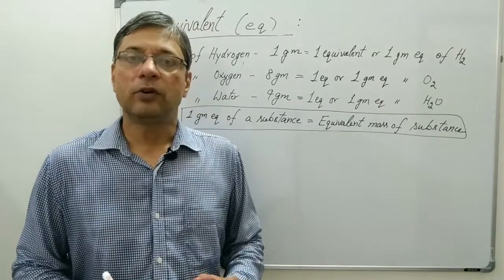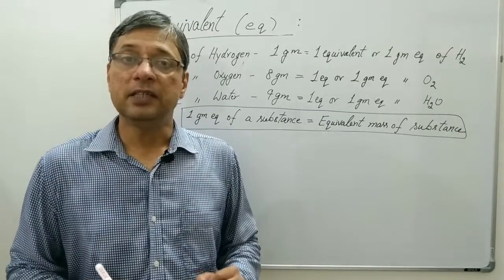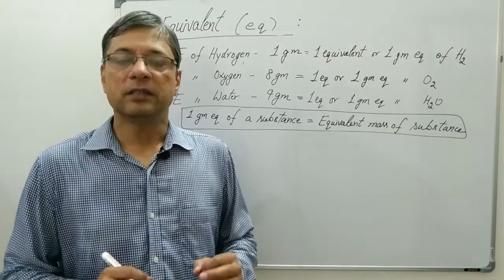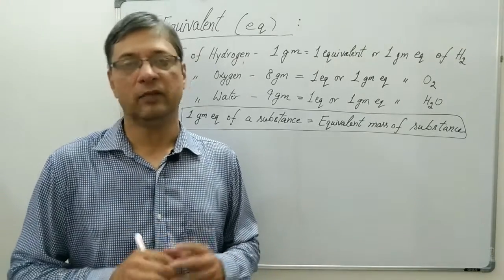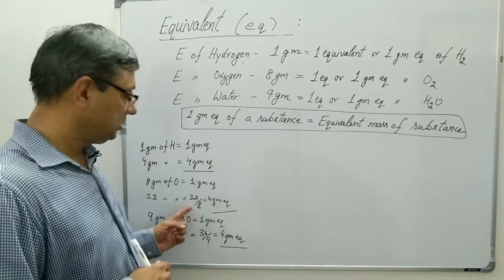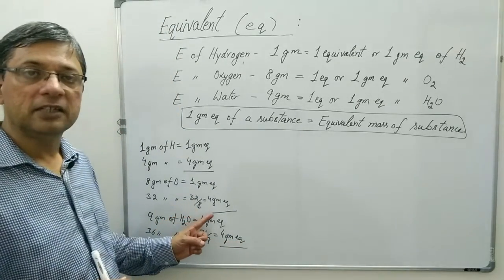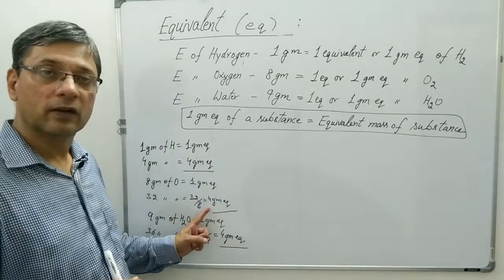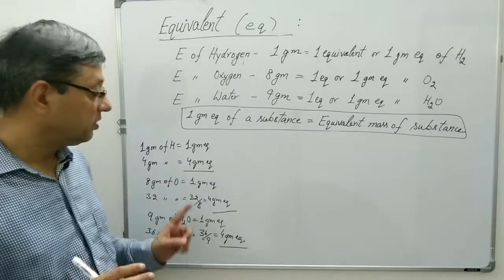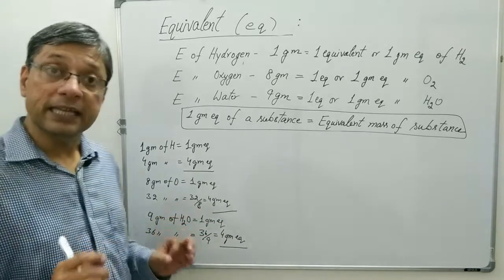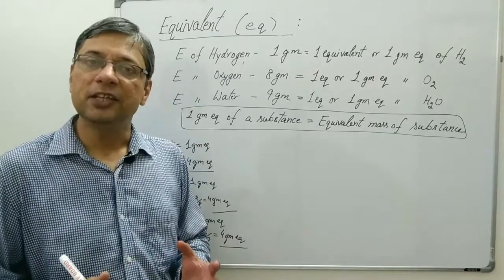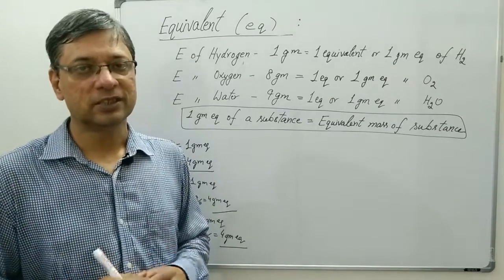There is a formula for calculating the number of gram equivalents of a substance involved in a reaction whose mass has been given. Let us look at oxygen here. Here we have calculated gram equivalents equal to 4. We were given a mass of 32 grams of oxygen, and here we have divided it by 8. What is it? 8 is the equivalent mass of oxygen.